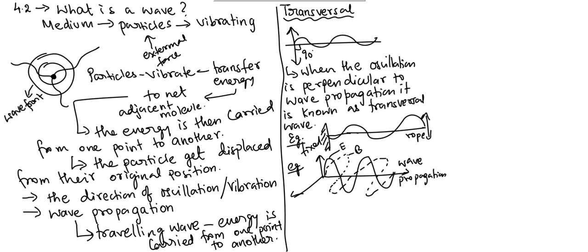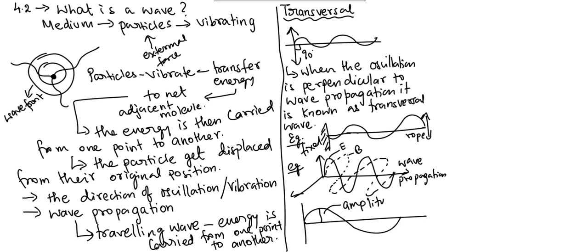Okay, now what are the different aspects of a transversal wave? Let us understand that. So when a wave is traveling, let's say it goes this way, then the height that you see is known as your amplitude.